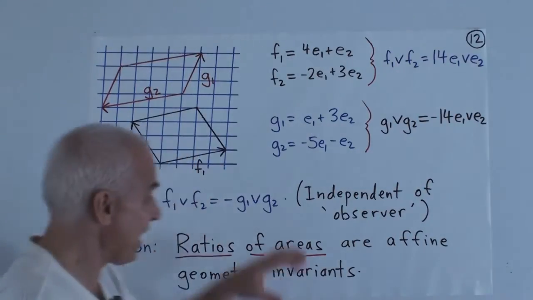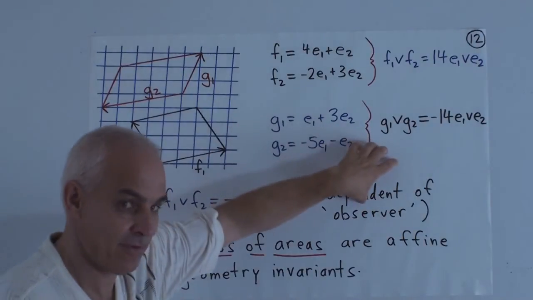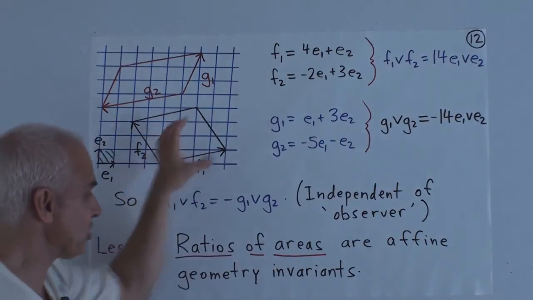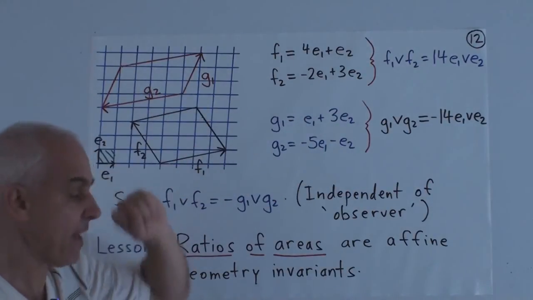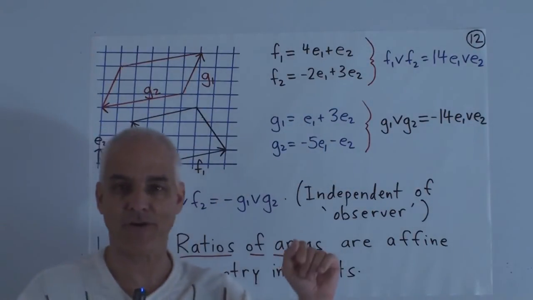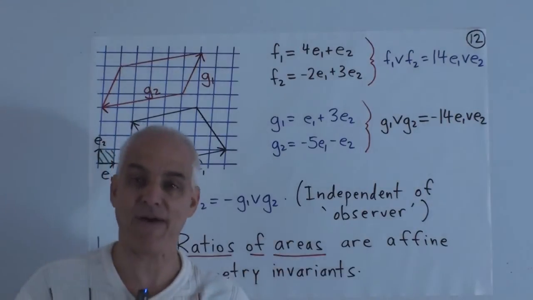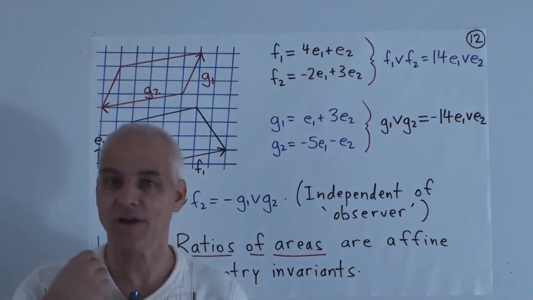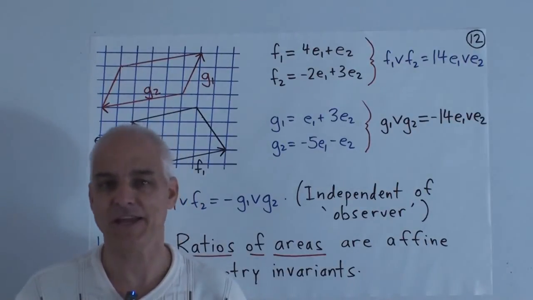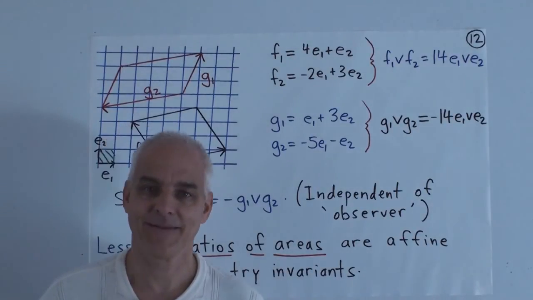But if we have two different figures, then we can talk about the ratios of the areas. We can say this is 3 times as much as that. And that's independent of the observer. So it only depends on the affine geometry. So it's ratios of areas which are the invariants in affine geometry.